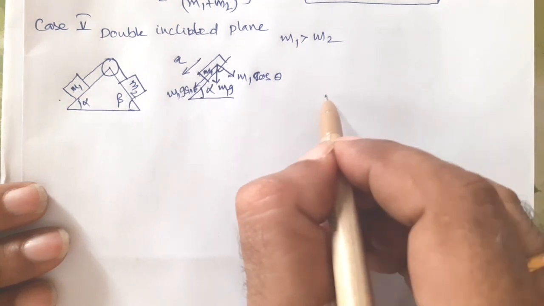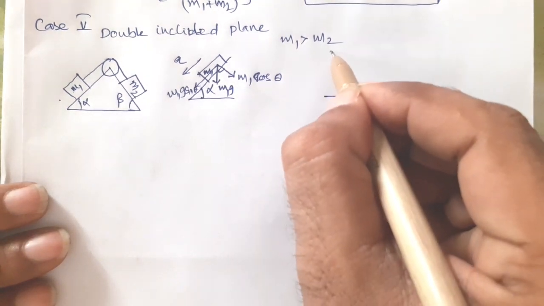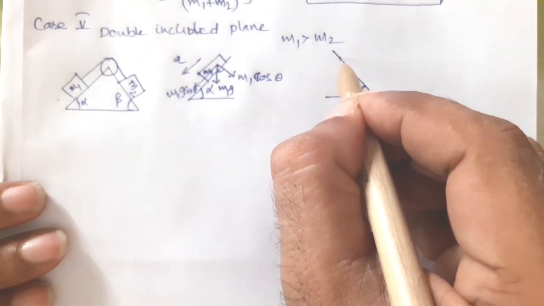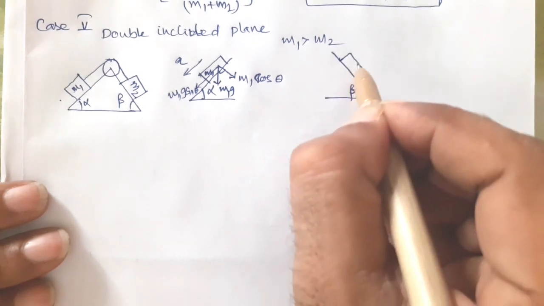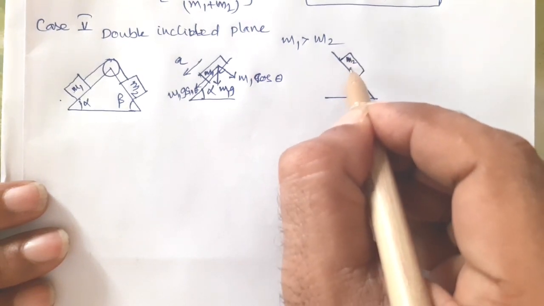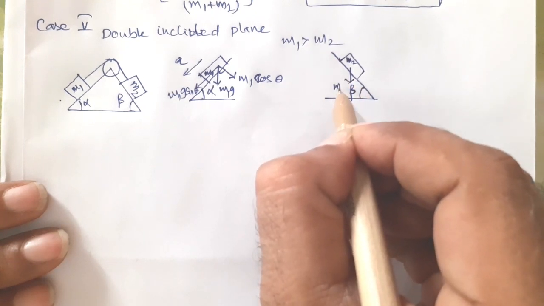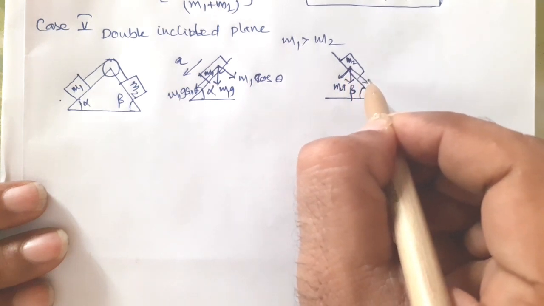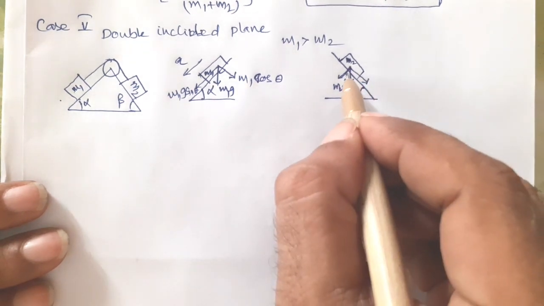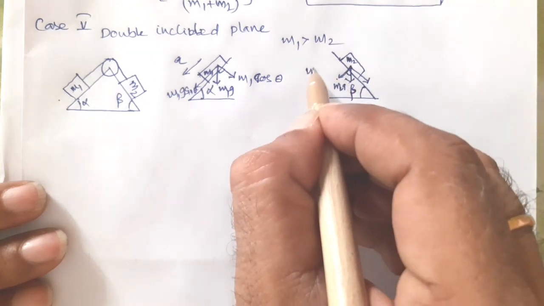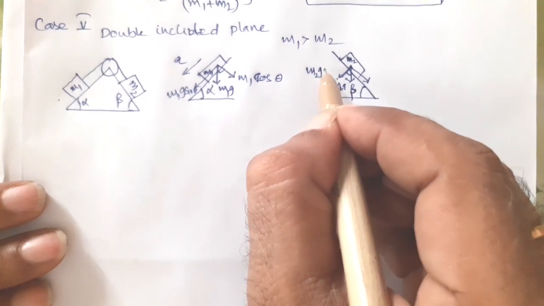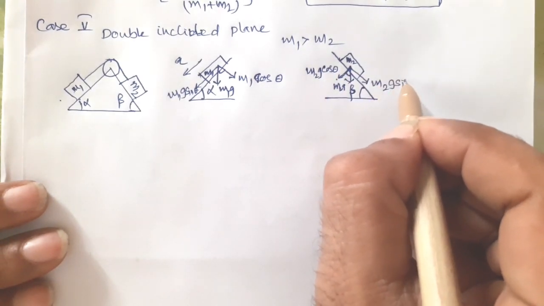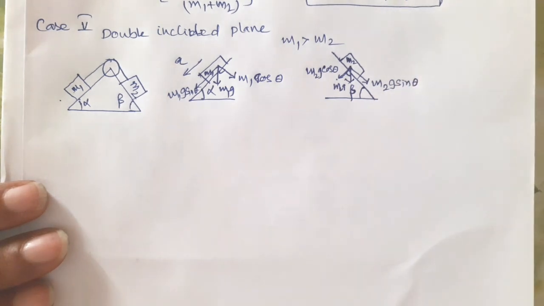Now similarly you can also resolve for the second body. Say this is the angle beta and here is the body m2. Mass of the body is m2 and this is the weight m2g, and this is resolved into two components. If the angle here is beta, this component is equal to m2g cos beta, and this component is equal to m2g sin beta.